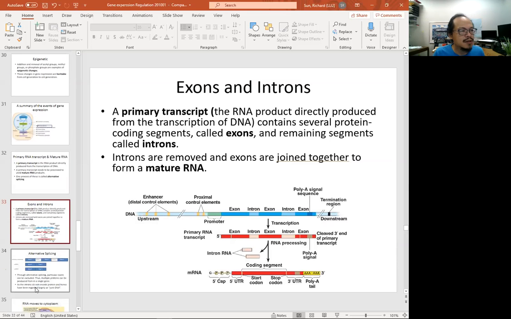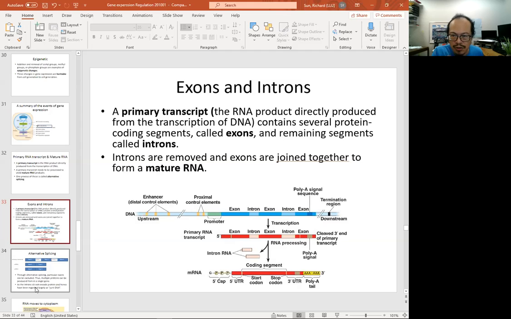Before we learn the process of splicing, we need to learn two terms. One is called exon, the other is called intron. Exons and introns are placed interleaved, so basically it's exon, intron, like that.